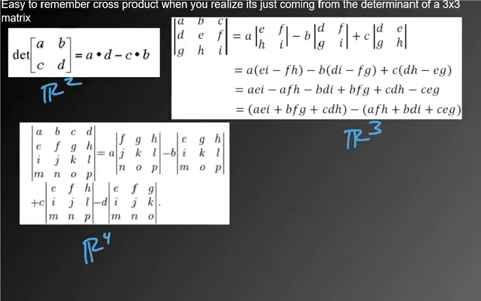Really, in our class, everything is going to be done in R3. But even in linear algebra class, when we study linear transformations, we do a lot even in R2 to get a sense of what's going on. But really, for what I need you to know right now, everything revolves around this determinant.